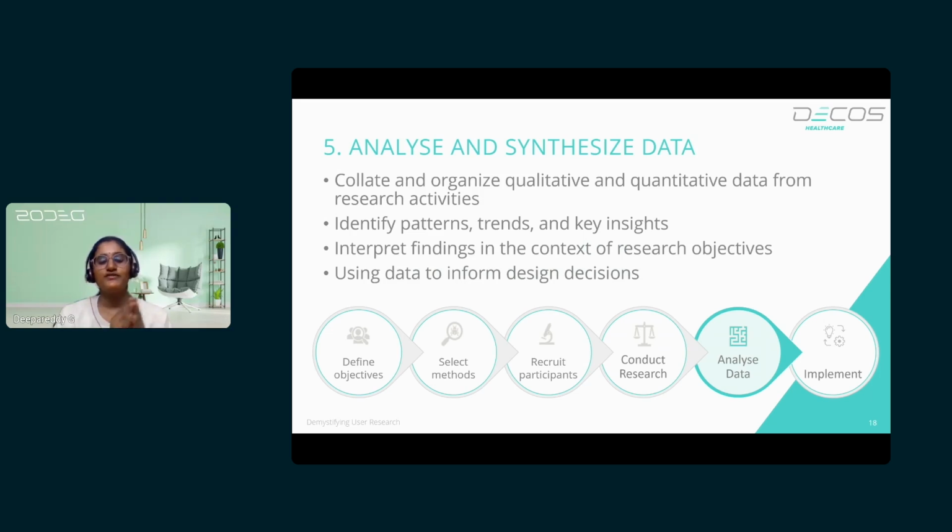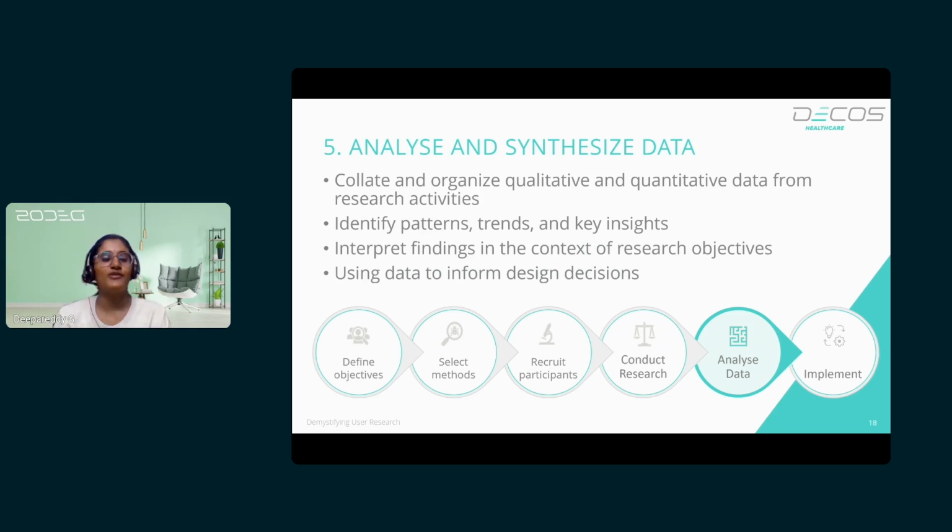Now that we have collated and organized both qualitative and quantitative data from our research activities, we will be looking for patterns, trends, and any key insights that are emerging from the data. Basically, we will be interpreting these findings in the context of our research objective, focusing on how they can inform and guide design decisions.